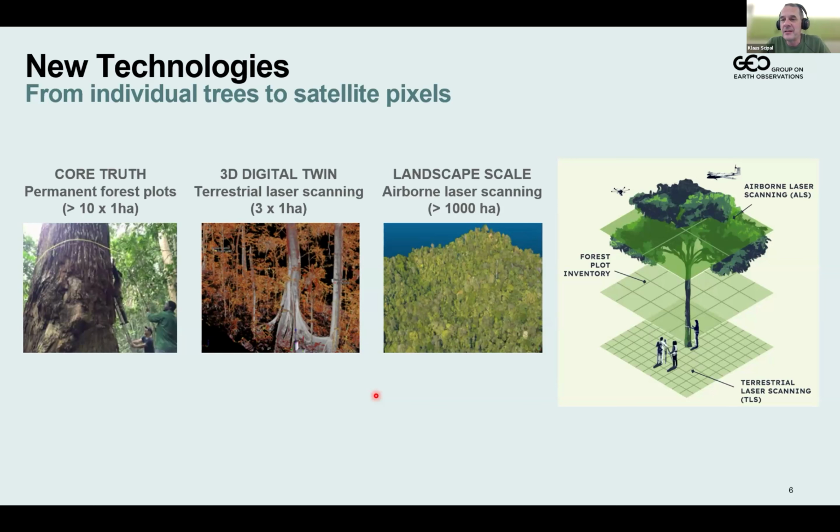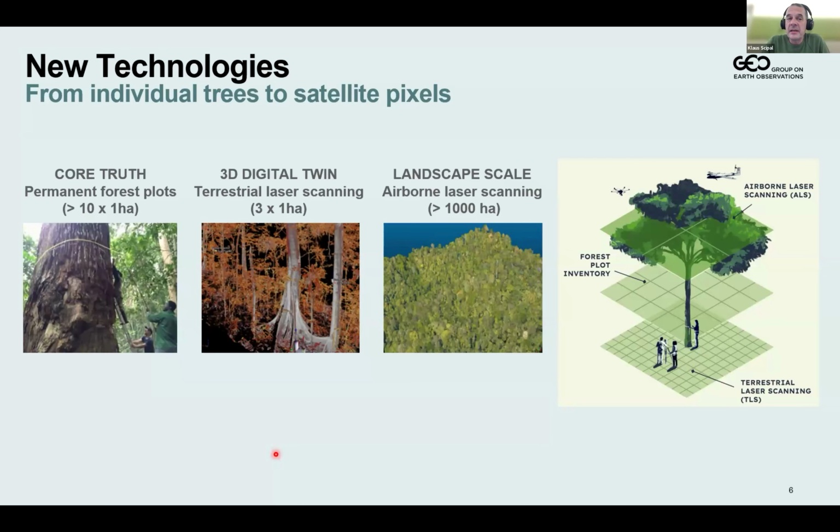Having 10 points in the field is a lot of work and also very costly, and it's difficult to compare 10 points to a satellite image. So to have the landscape-scale dynamics, the landscape information, we apply airborne laser scanning. These two measurement types are really the new technology we bring into the forest measurement process in the tropical countries.